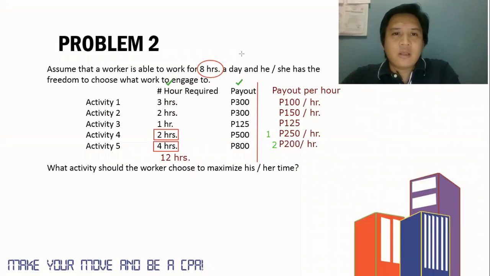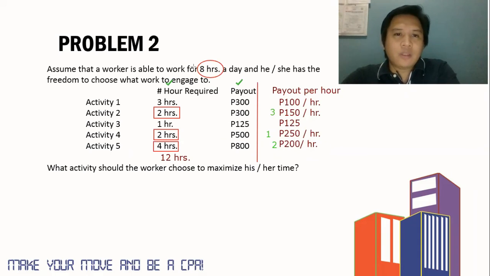Then therefore, we choose activity number 2 for 2 hours. Have we exhausted the 8 hours? Yes. 2 plus 2 plus 4, that's 8 hours. And we chose the highest yield of 200, 250, 200, and 150.